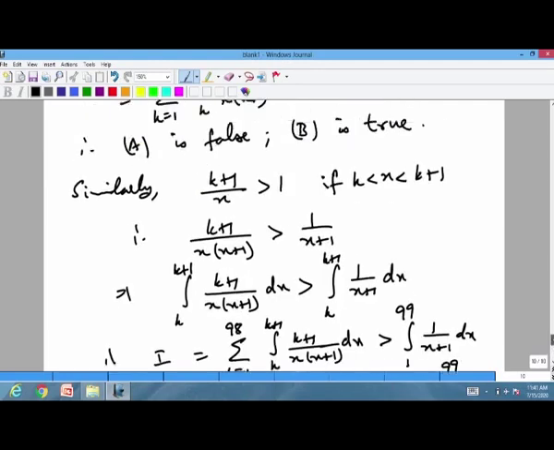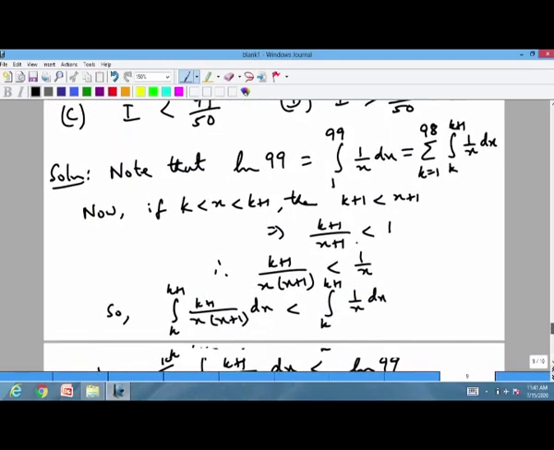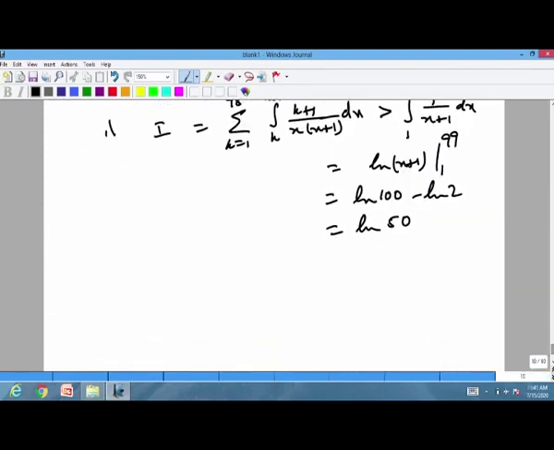So, now if you see we have to compare with 49 by 50. Now, clearly log 50 is bigger than 1, which is bigger than 49 by 50. So, I is bigger than 49 by 50, this is correct.